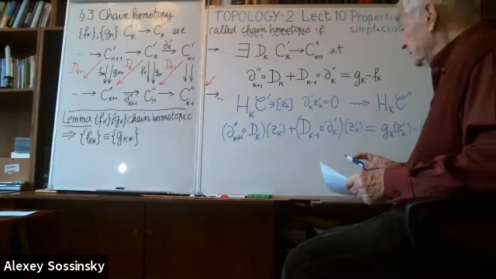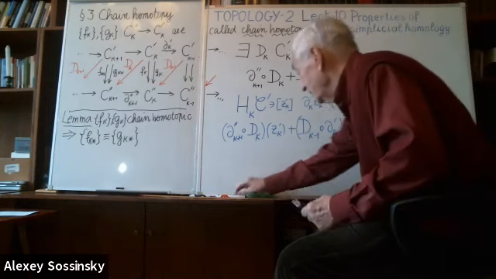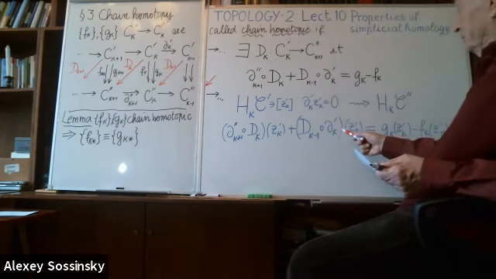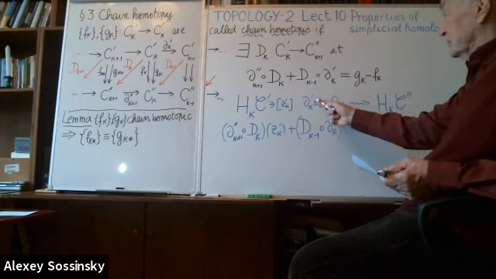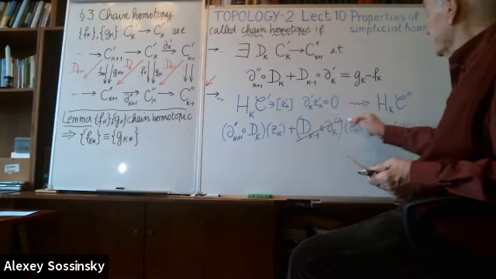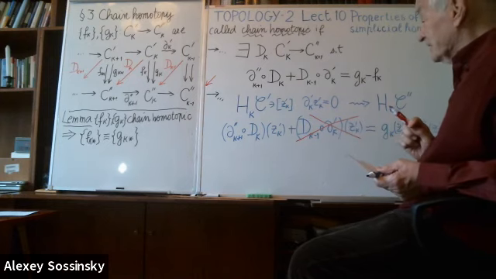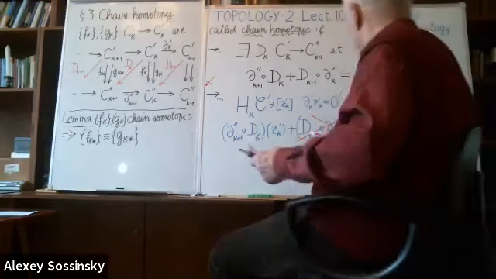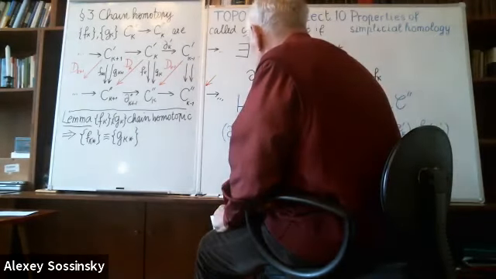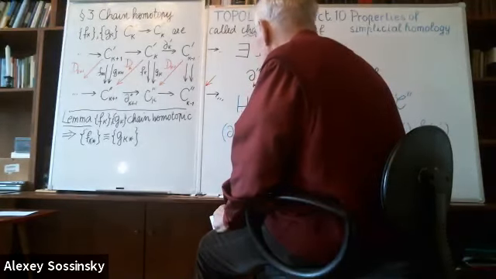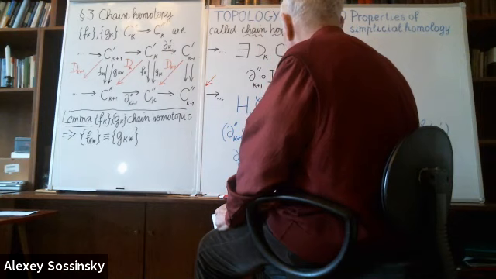Now, let's look at this term here. What does it equal to? Well, if we take away these parentheses, we have d prime_k of z_k prime, which is 0 because it was a cycle. So this cancels out. And we are left with this equality. What does the equality say? Let's rewrite this term as follows. It's d prime_{k+1} applied to D_k of z_k prime.